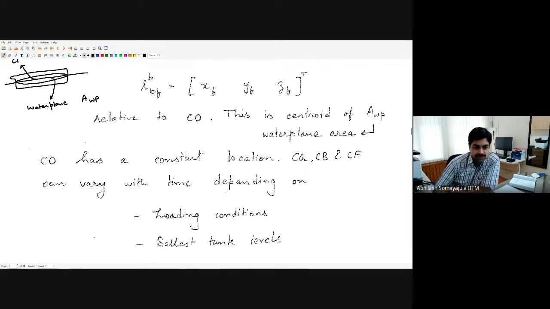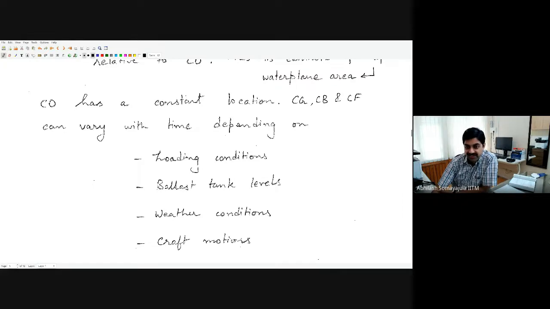Notice that CO, which is the coordinate origin, has a constant location. As I said, this does not change with time. Whereas depending on the loading conditions, the ballast tank levels, the weather conditions, and the motions the craft is experiencing, the location of CG, CB, and CF can vary with time.